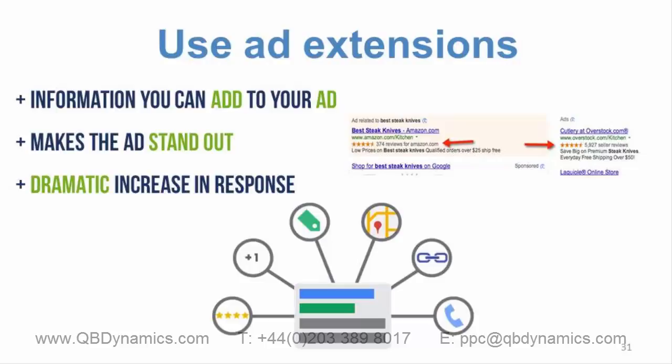Now, if you do searches in the search engines and start paying attention, you'll notice that some ads have additional information that others don't, and there is a variety of things that you can use. You can put in the stars from ratings. You can put in the Google Plus number.